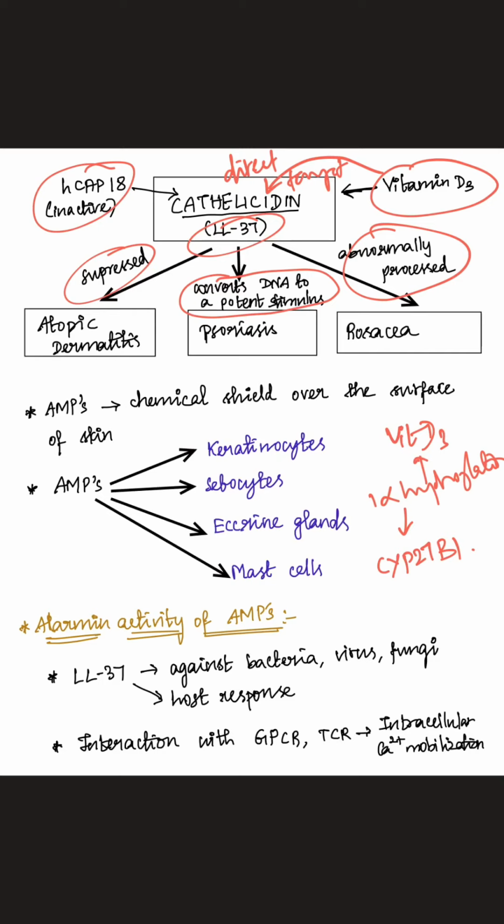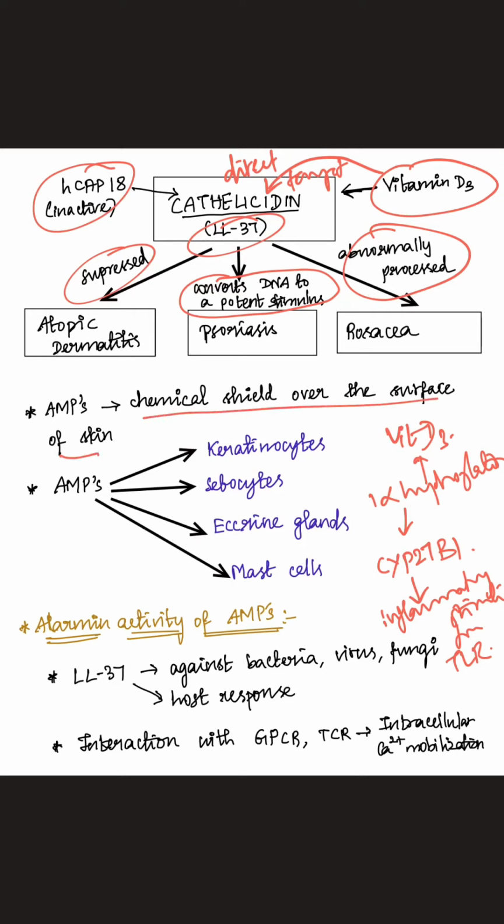This CYP27B1 is itself dependent upon inflammatory stimuli from toll-like cell receptors. So whenever there is an inflammation, these toll-like cell receptors stimulate this CYP27B1, which leads to an increase in production of vitamin D3, and then this vitamin D3 induces cathelicidin to play its antimicrobial role.